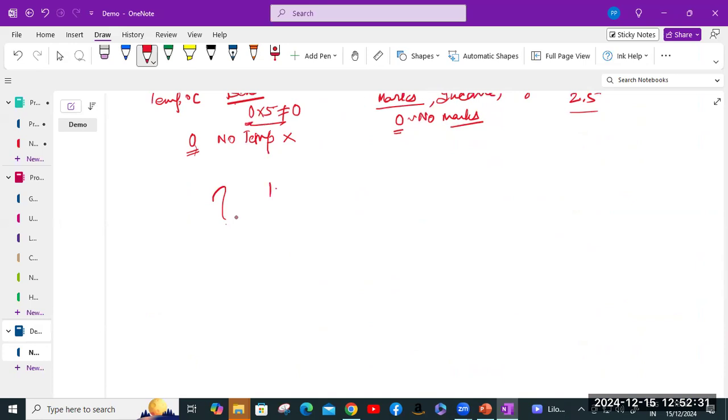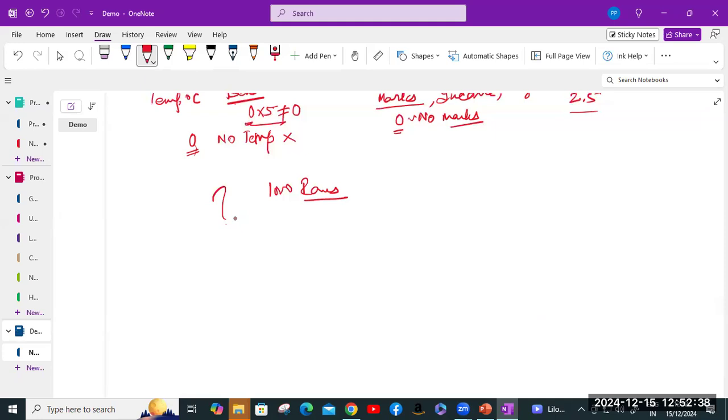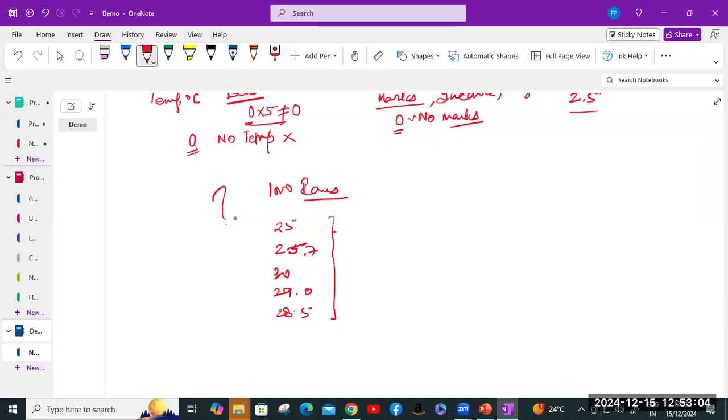If you have a data of 1000 rows and you have some temperatures of those 1000 days, 25, 25.7, 30, 29, and 28.5, and these 5 values are recurring again and again in 1000 rows.